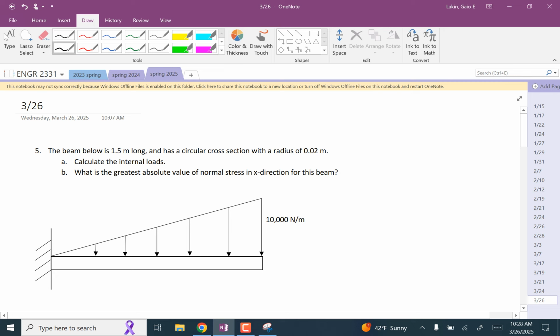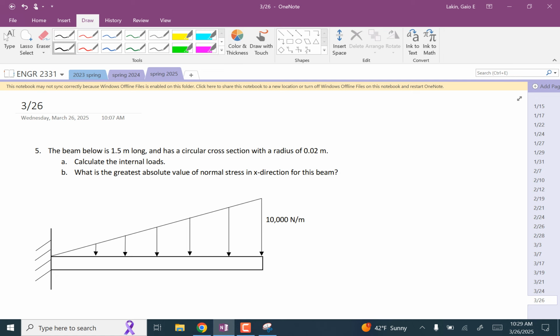Okay. So all the stuff we just did, we don't need for this question. This is specifically asking for what's happening in the x direction, which I was thinking the greatest absolute value of normal stress overall, which meant we had to come up with principal stresses.